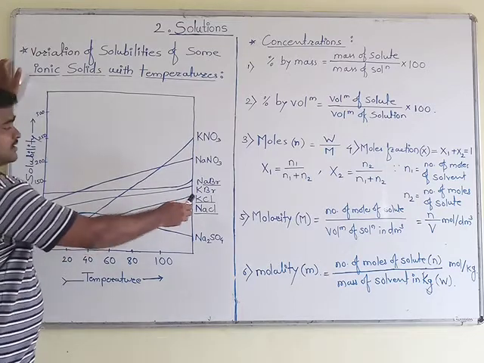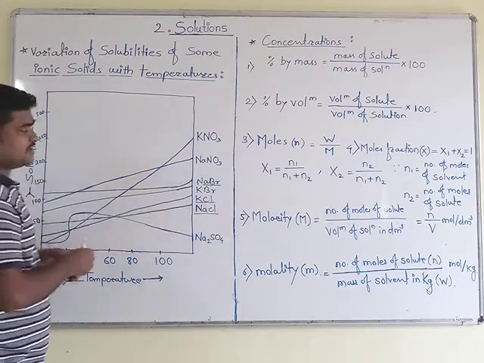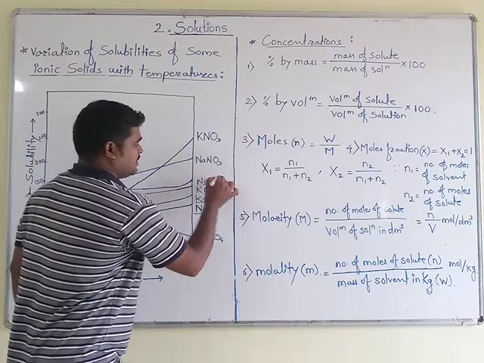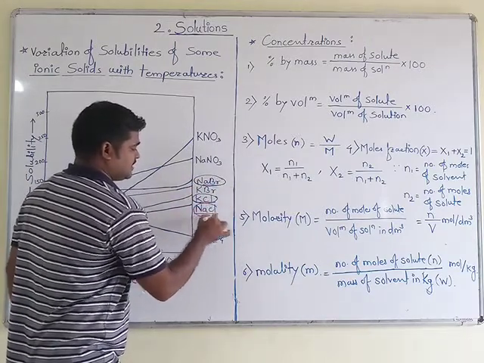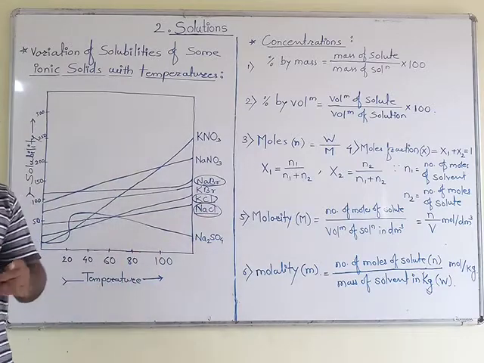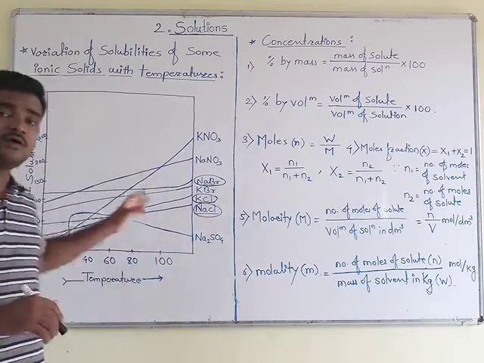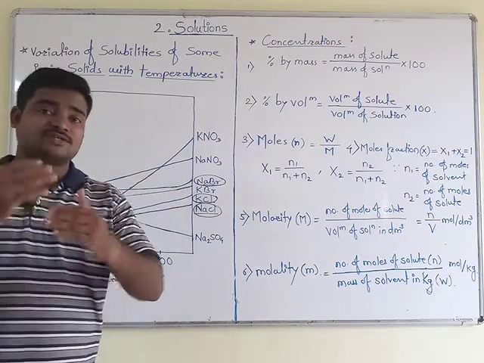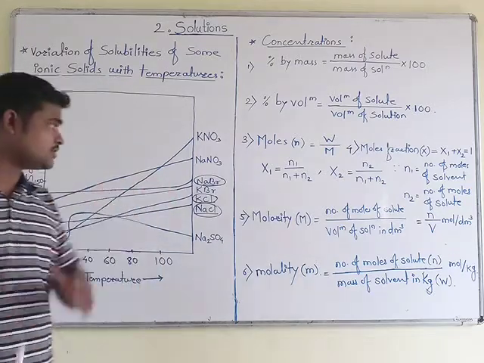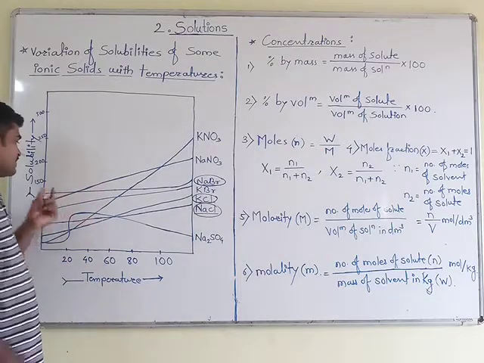Here look at these three ionic solids, NaBr, KCl and NaCl, and how their solubility changes with temperature. That we are going to see.